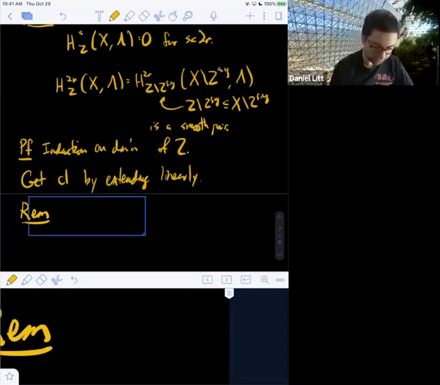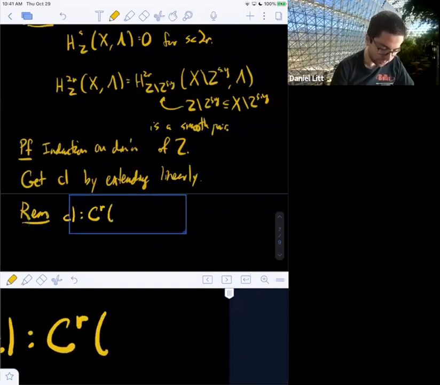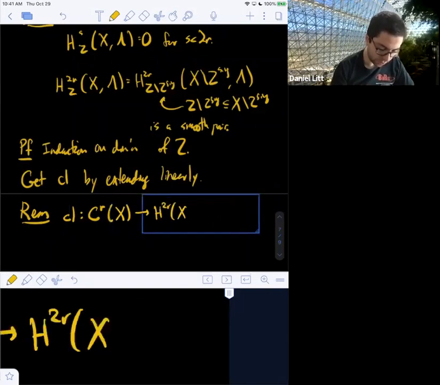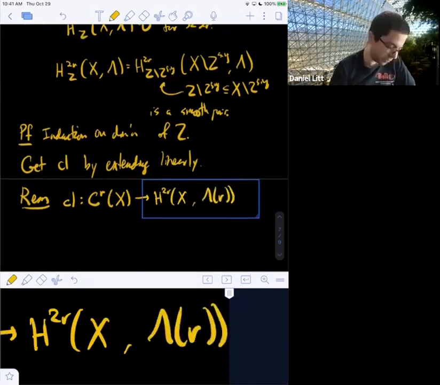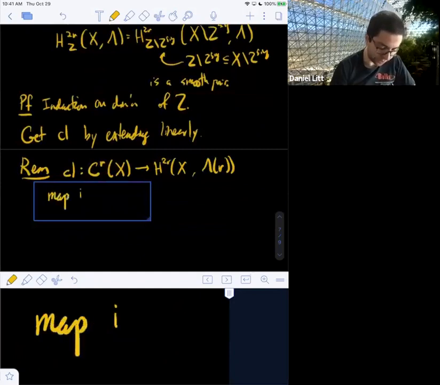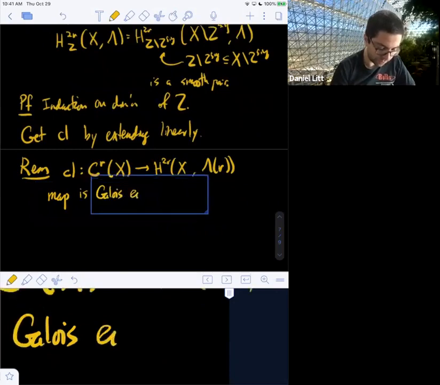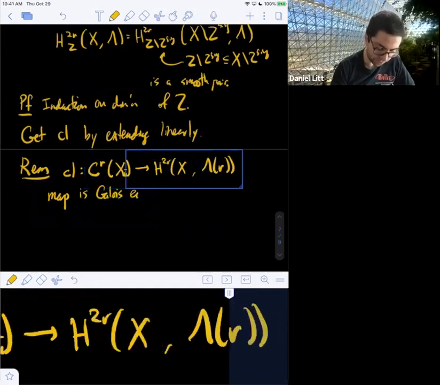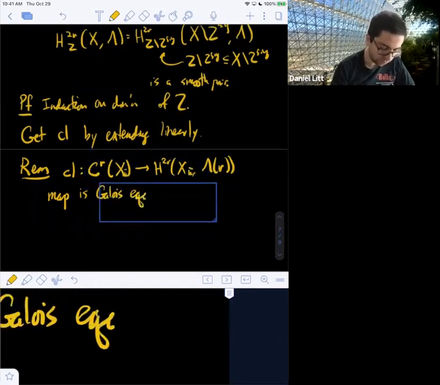So we get this map, cl, from codimension R cycles on X to H2R of X with coefficients in lambda, and so this map, just from construction, is Galois equivariant. So maybe let me go up to K bar for Galois equivariance.